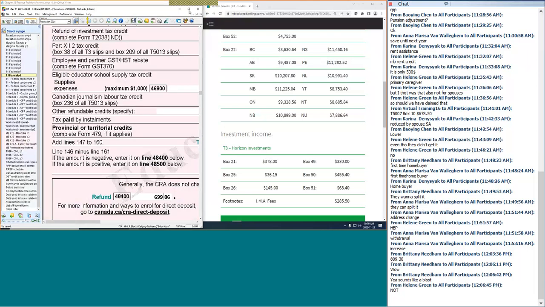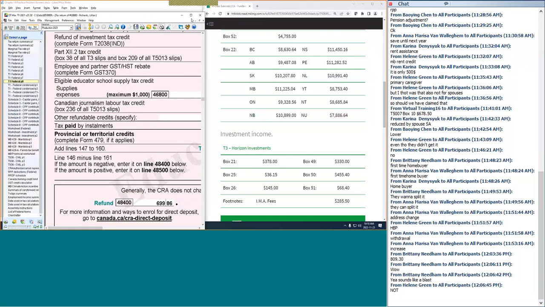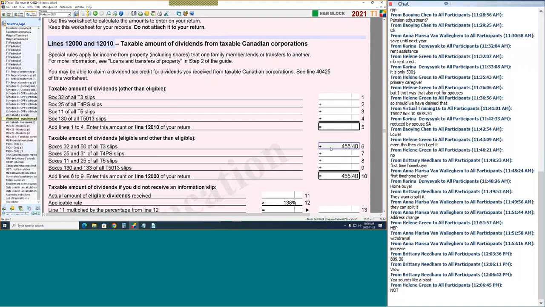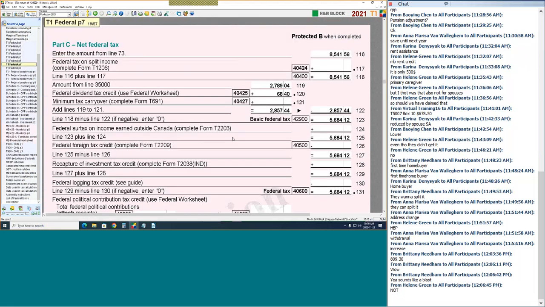I haven't entered those numbers. I haven't put a zero. I haven't done anything. I've just left them where they are. But if I go to my investment worksheet now, you're going to notice that it put the correct amount for my taxable amount. And if I go to my dividend tax credit, it also put the correct amount there.